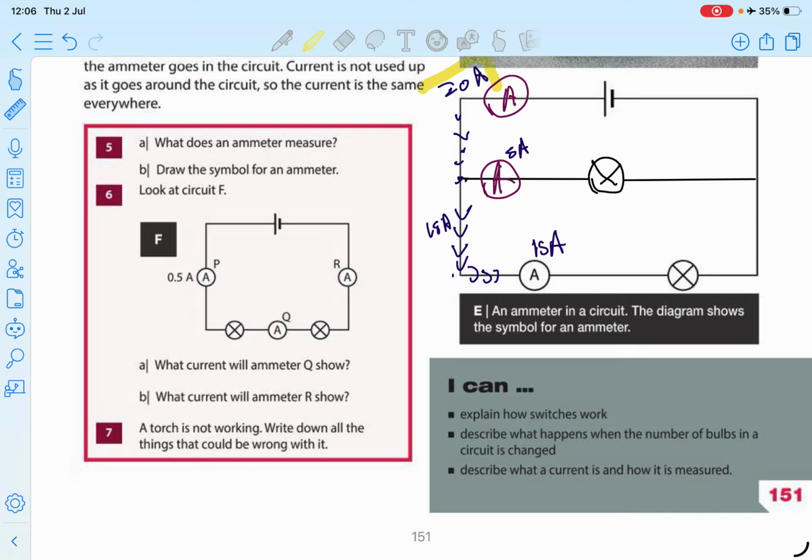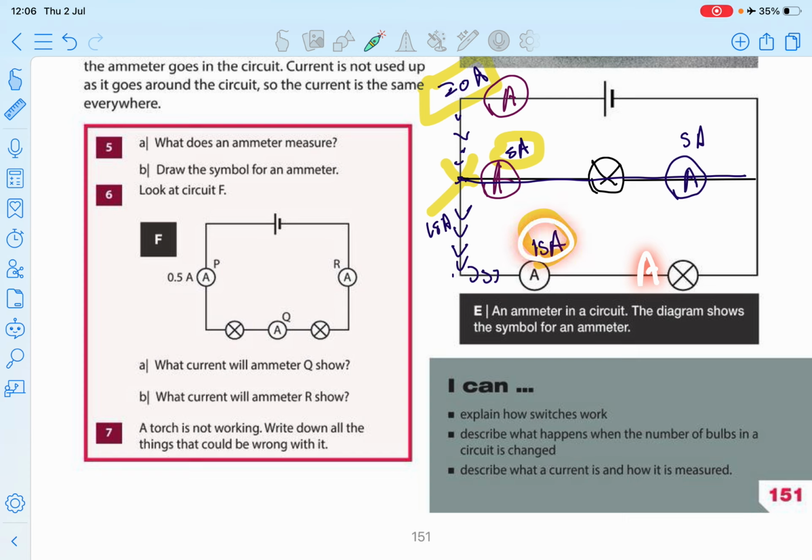You need to know the total is equal to the sum of these, because at this junction it has divided in two. If you connect another ammeter here in this branch, it is also 15 amperes. In this branch all are 15 amperes, it doesn't matter where you connect the ammeter.